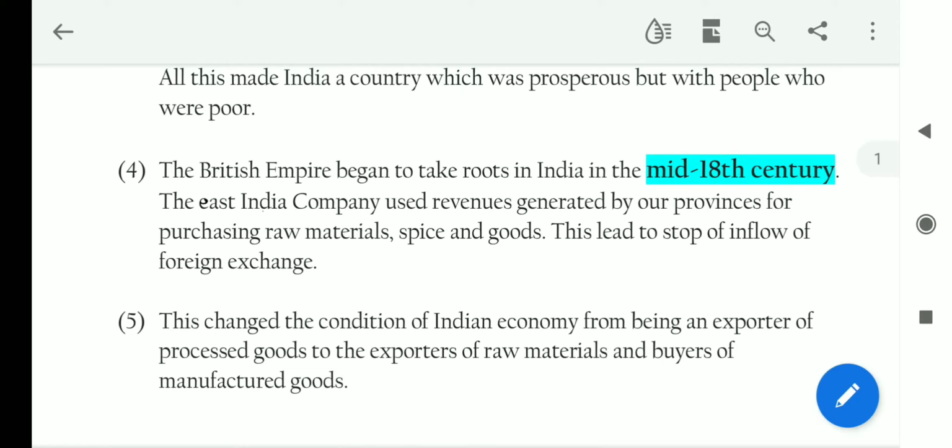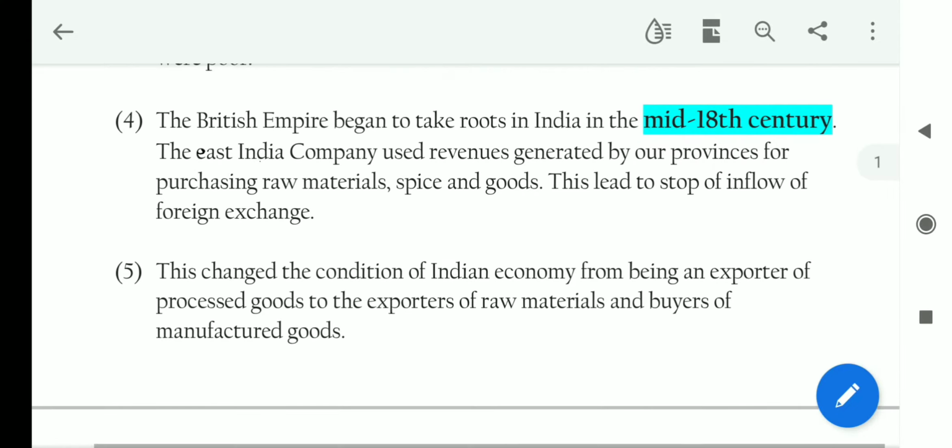This led to the stop of inflow of foreign exchange. We were expecting to earn foreign currency, but as Britishers were using our revenues to purchase raw materials, spice and goods, that led to the stop of inflow of foreign exchange. Then fifth is connected to the fourth one.